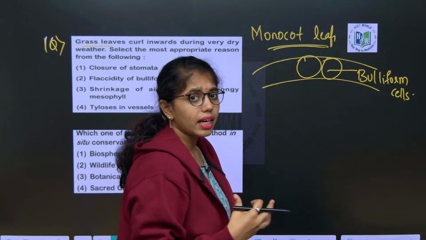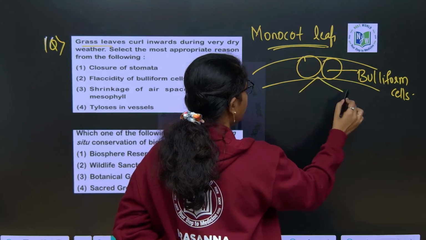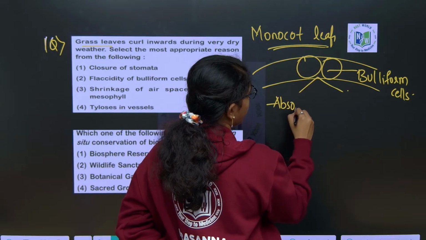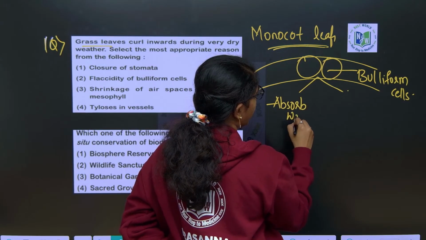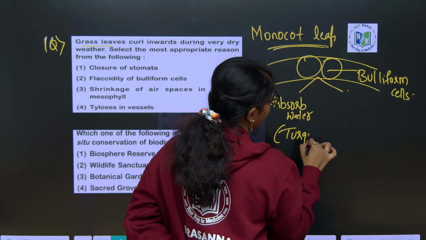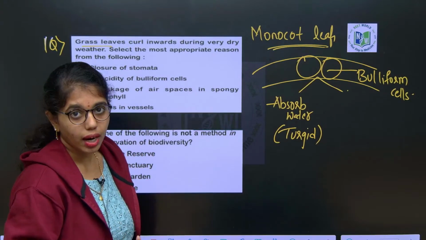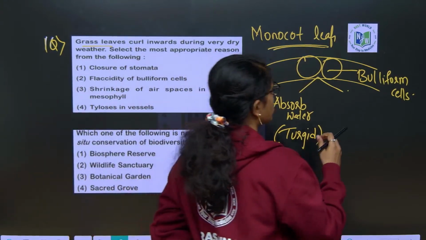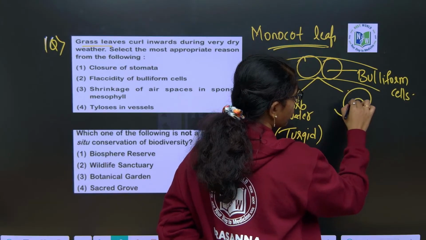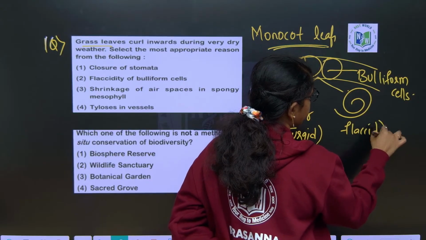Whenever there are high water conditions around, these bulliform cells will absorb water and keep the leaf turgid. During dry conditions, whenever water is not available, the bulliform cells will curl the leaf inwards and make the leaf flaccid.